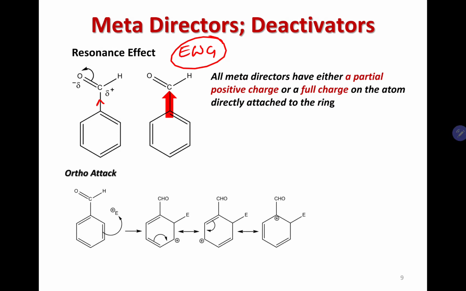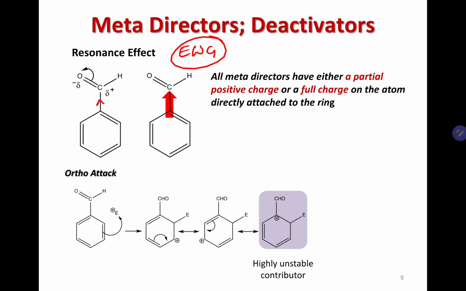Whenever you have meta directors, electrophilic substitution reactions are highly unfavorable. But even if it happens, it will only happen from the meta position. When you take a look at ortho attack or para attack, you will always have a highly unstable contributor.